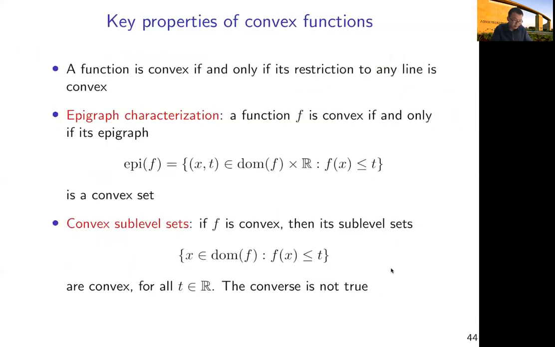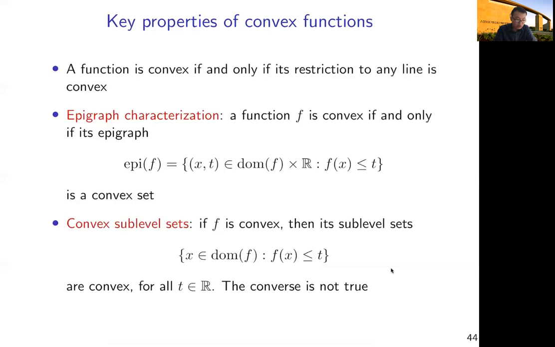So, some key properties of convex functions. Again, there are some equivalent definitions of a function being convex. A function is convex if and only if its restriction to any line is convex. This is saying that for multivariate functions with a multidimensional surface, you can restrict it to any direction, and that carves out a particular univariate graph.